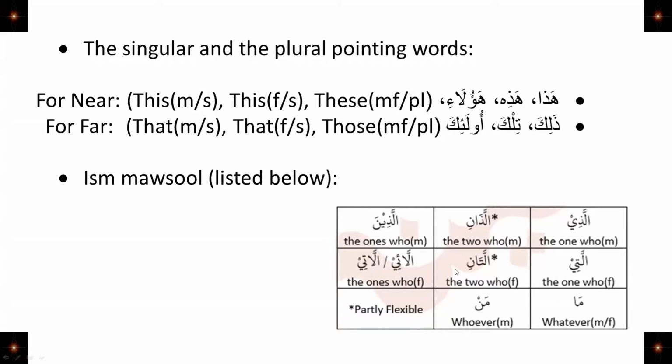Non-flexible means these isms do not have any change at their end, no matter where you find them. But alladani, so the ani here is partly flexible. You say alladhi, alladani, allati, allatani, and it can become allataini and alladaini. That's why these two are partly flexible.